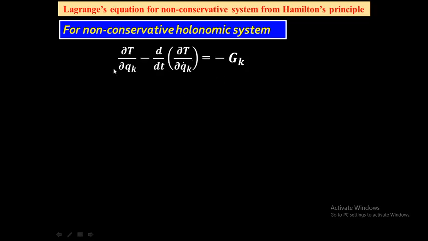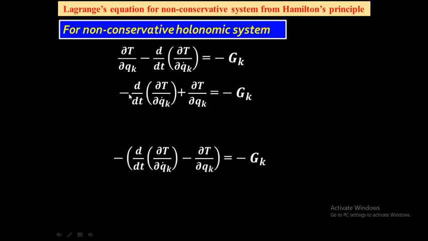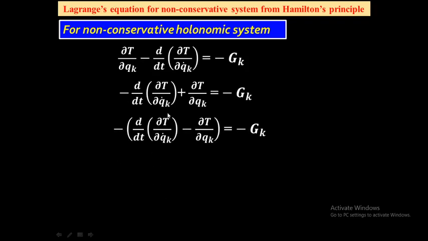We rearrange the two terms on the left hand side: minus d by dt del T by del qk dot plus del T by del qk equals minus Gk. Taking minus common, we get minus the quantity d by dt del T by del qk dot minus del T by del qk equals minus Gk. The minus cancels out, so we are left with d by dt del T by del qk dot minus del T by del qk equals Gk.